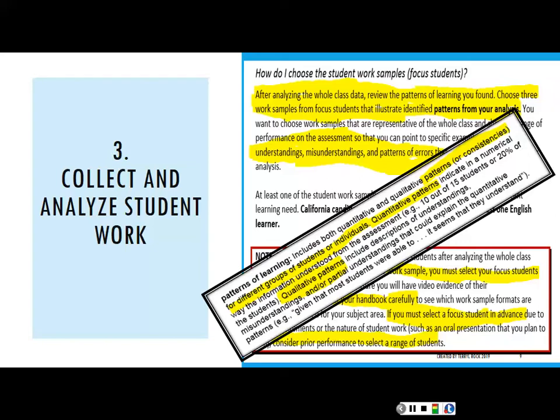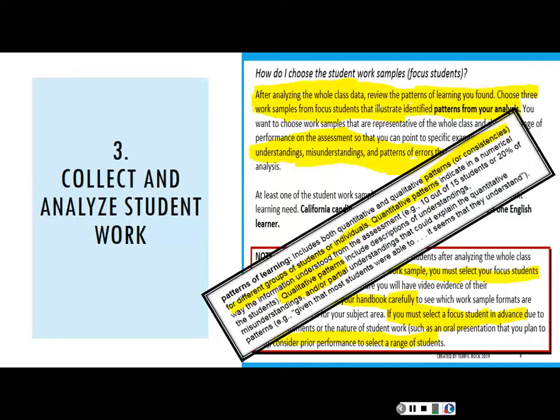It's more of a suggestion than a rule. They suggest it because they feel that gives you more to talk about. And it's true. If possible, I would have one of those focus students be a special needs student. But it's not critical. It's not a big deal if you can't.